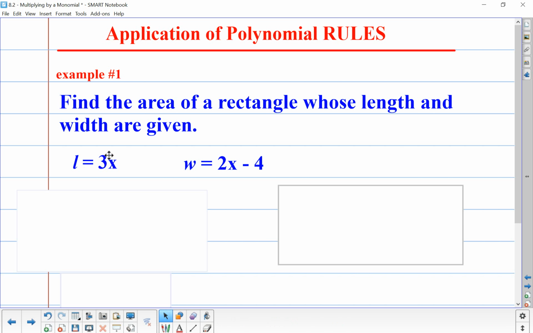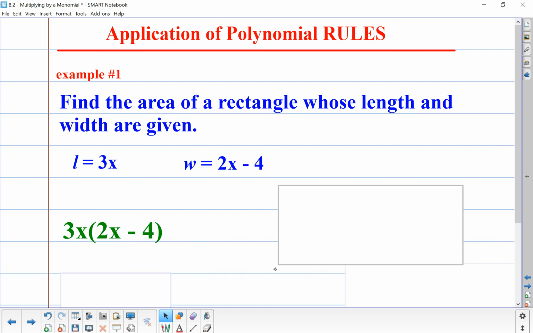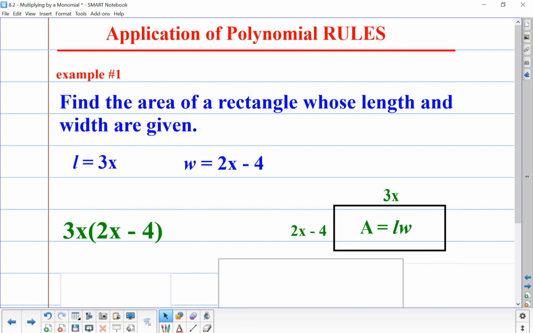If the length is 3x and the width is 2x minus 4, then we could certainly label the parts of our rectangle here. The area is the length times the width, so we could set up our problem like this.